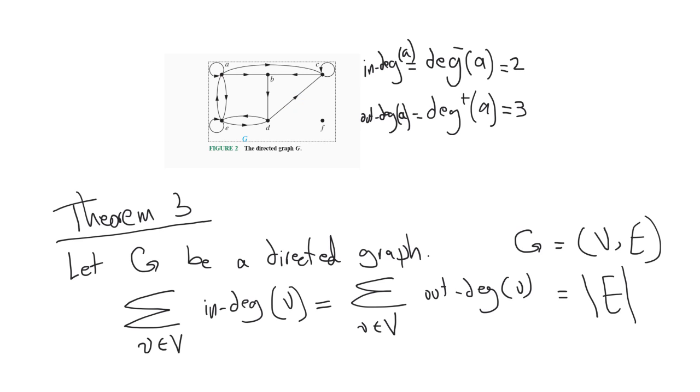And when we count all the out degrees, every edge like this one contributes 1 to just the vertex that is its initial vertex. Therefore counting the in degrees is the same thing as counting the edges, and counting the out degrees is the same thing again as counting all the edges.